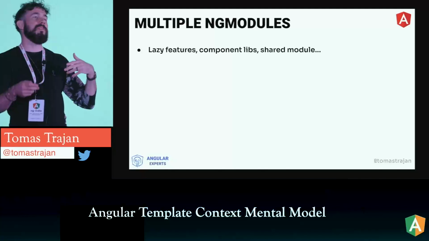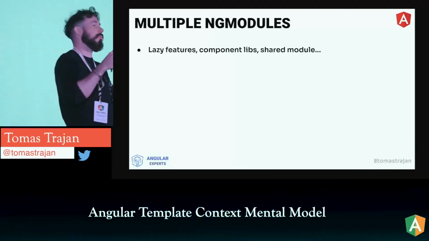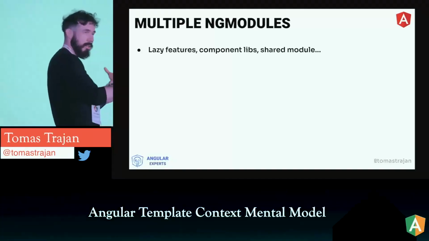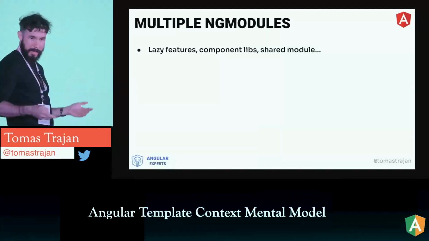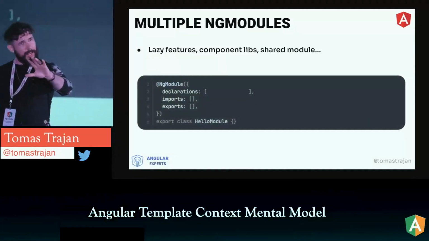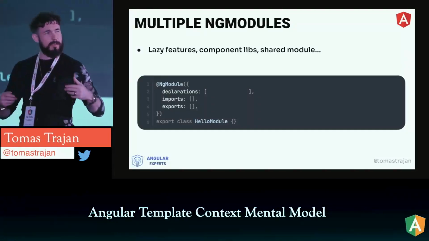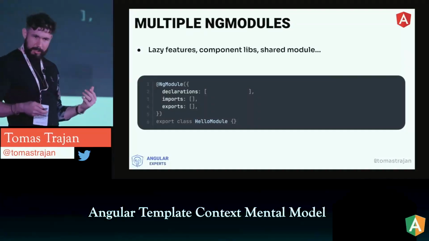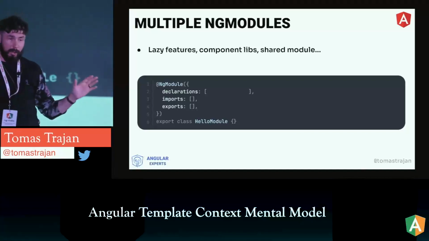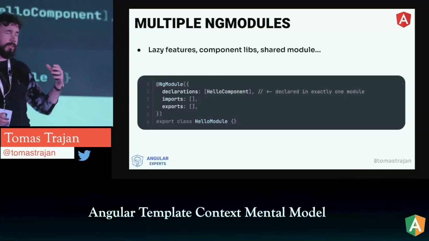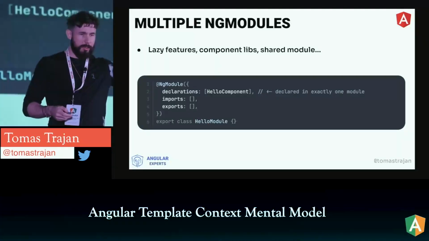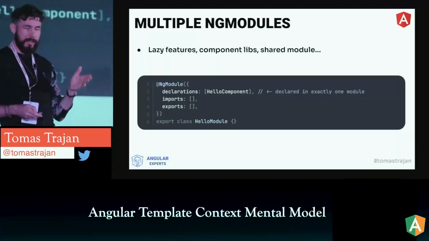Or maybe something like a shared module for the shared components and widgets which are local to our repository, to our application workspace. But to keep it simple for the purposes of learning this concept, we just create some random hello module, and now we want to extract that hello component, so we remove it from the declarations of the application module and put it in the declarations of the hello module.